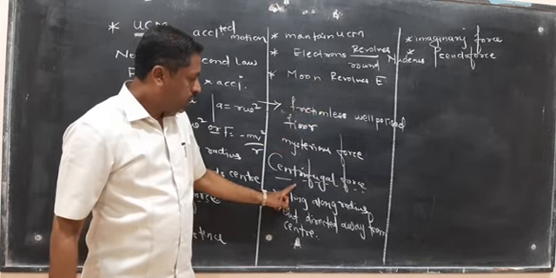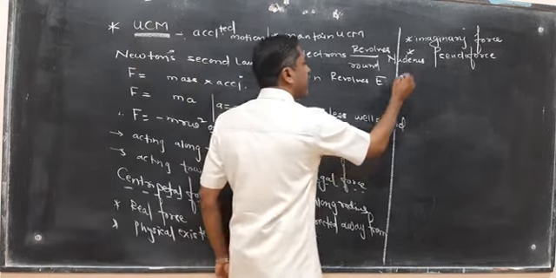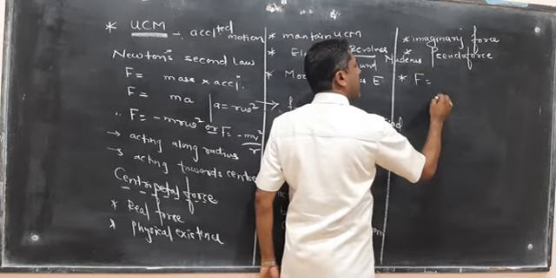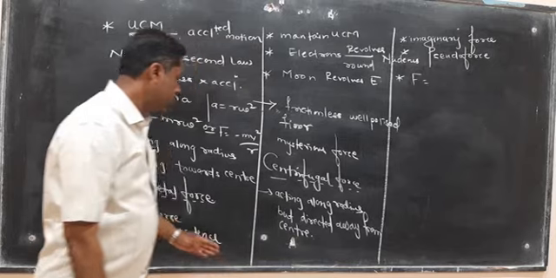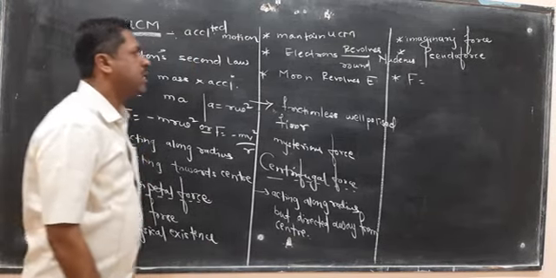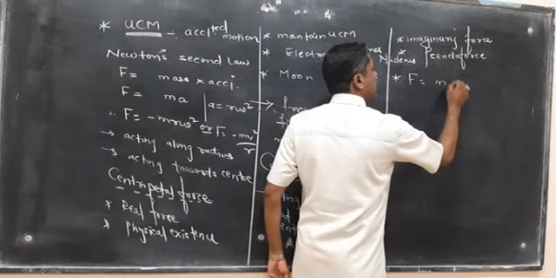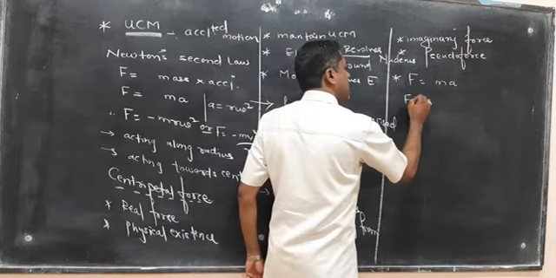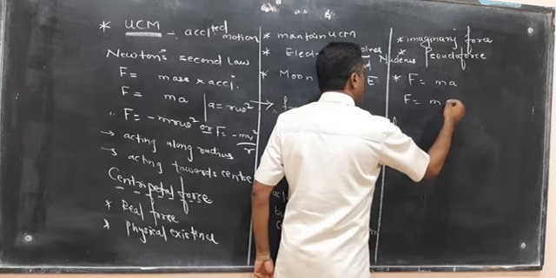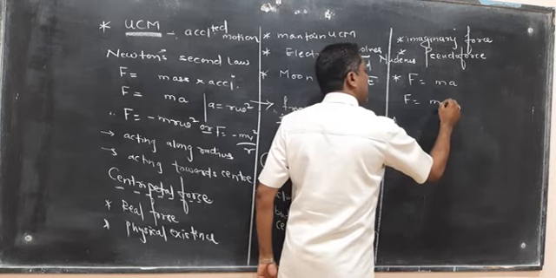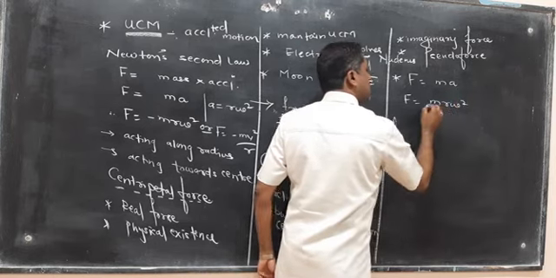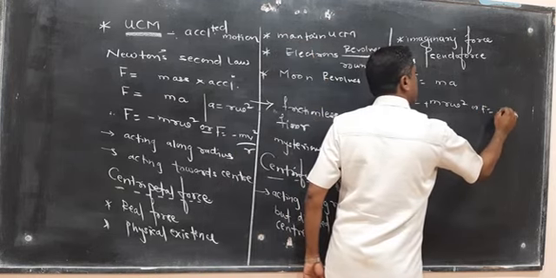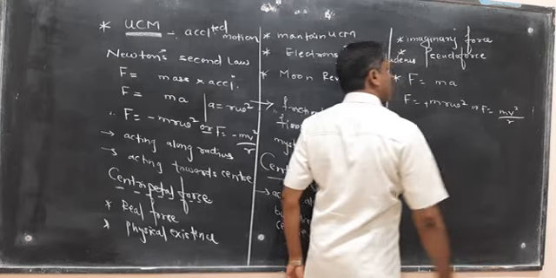In centrifugal force, according to Newton's second law, we can write F is equal to, as already seen in centripetal force, mass into acceleration, that is F is equal to m r omega square, with a positive symbol, or F is equal to m v square by r.